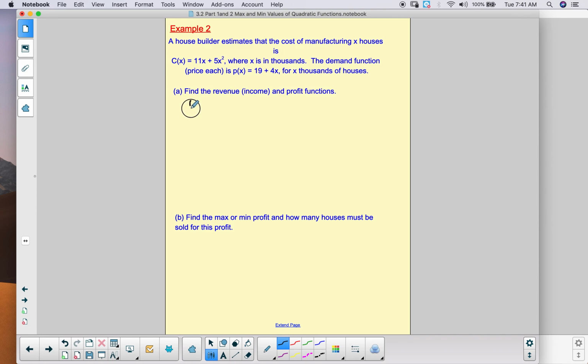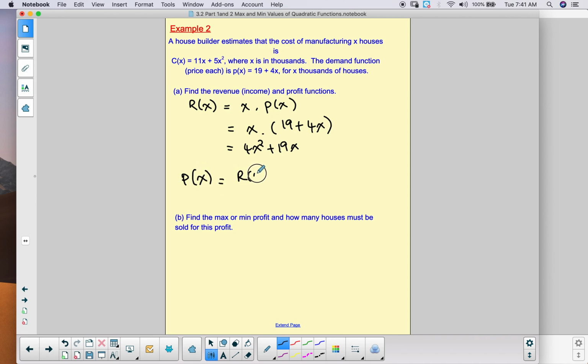So we know that our R of x is the number of items manufactured times the demand function P of x. So that's x times 19 plus 4x, which is equal to 4x squared plus 19x. And then our profit function is the revenue minus cost, C of x.